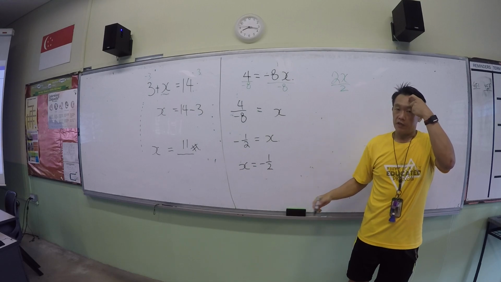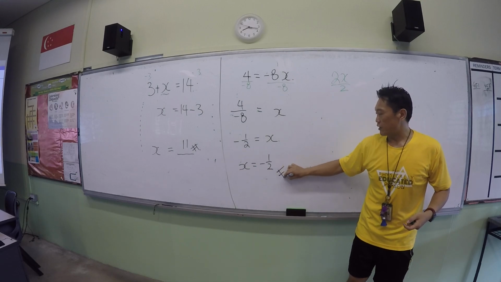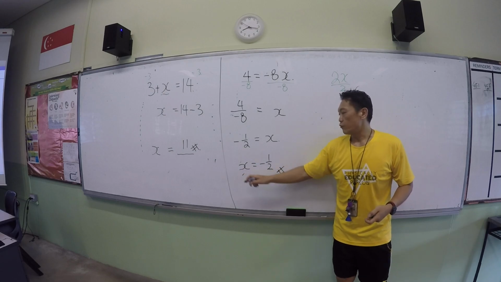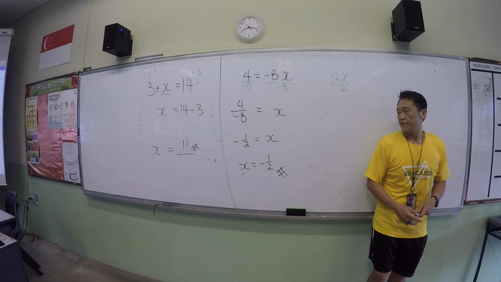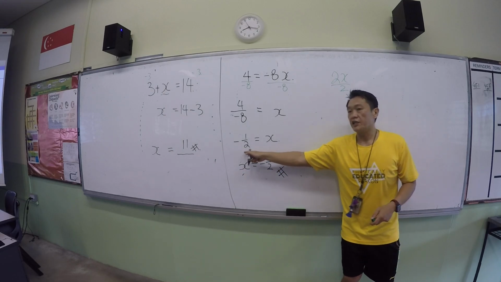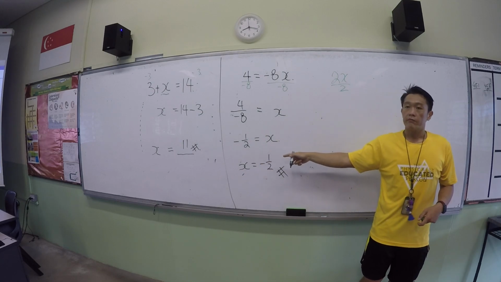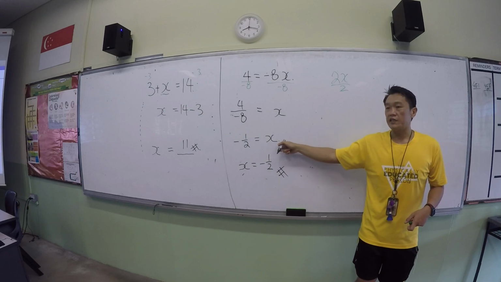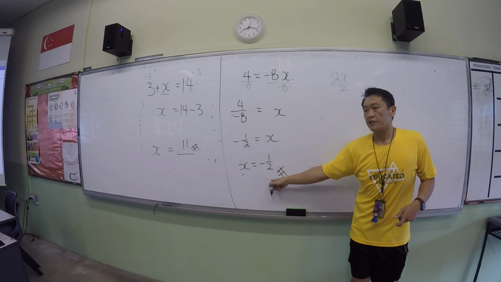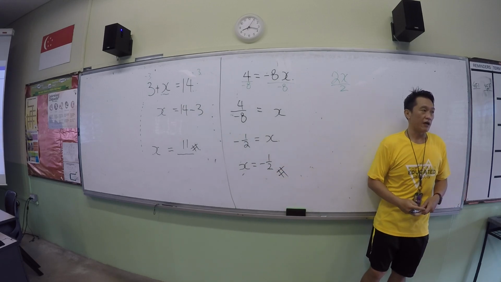Because in mathematics, usually we want to present our answer with the unknown on the left. Actually, this one already tells you the same. They are exactly the same. Actually, this one is acceptable already. Just that this one makes it look nice to everyone that is marking your paper.